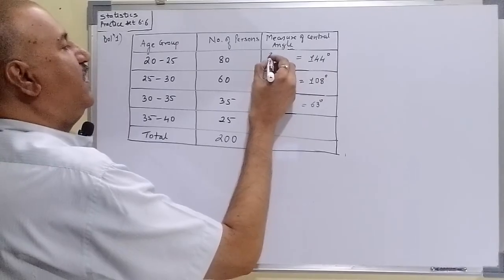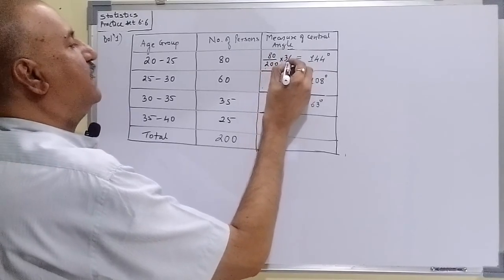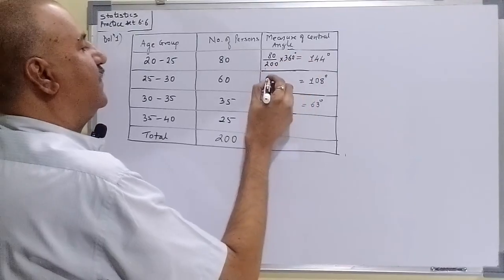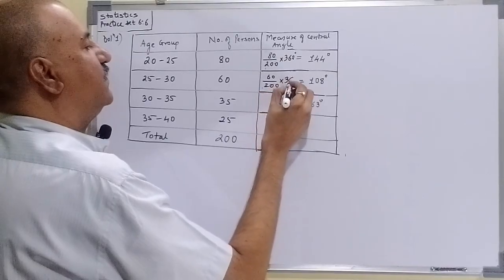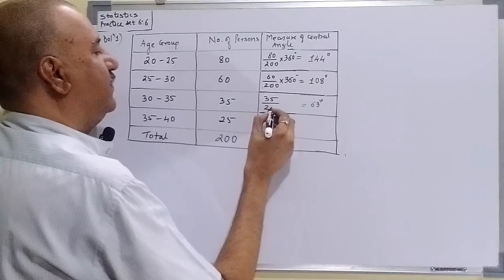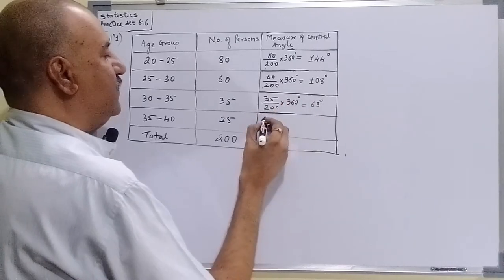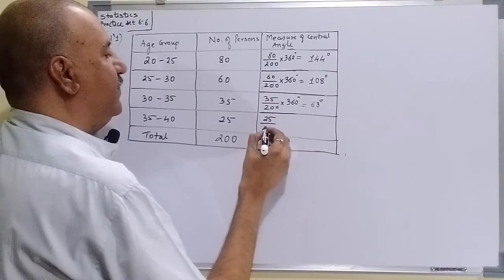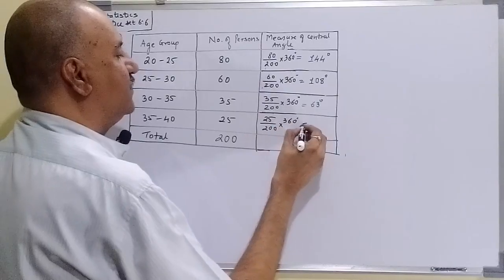So you write 80 upon 200 into 360, 60 upon 200 into 360, 35 upon 200 into 360, and this is 25 upon 200 into 360.